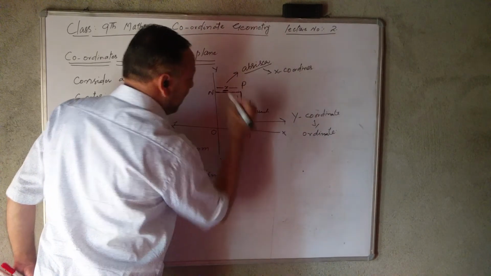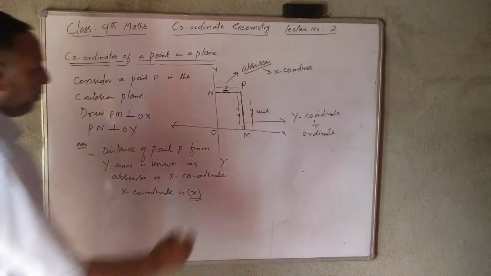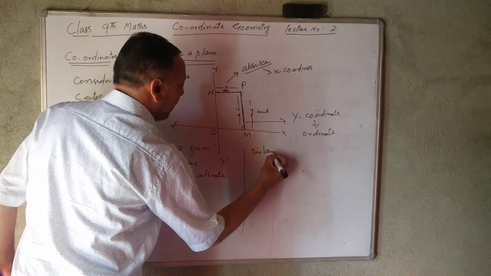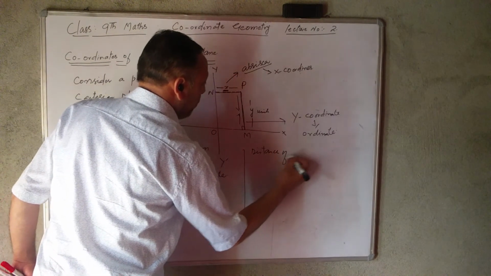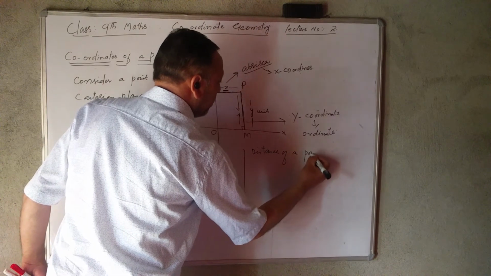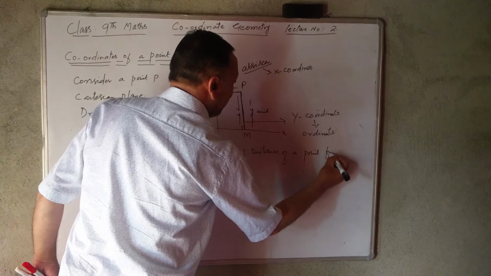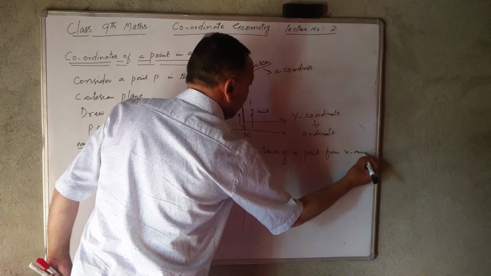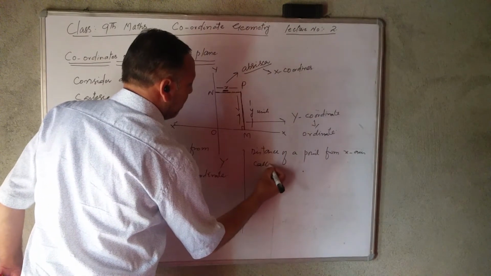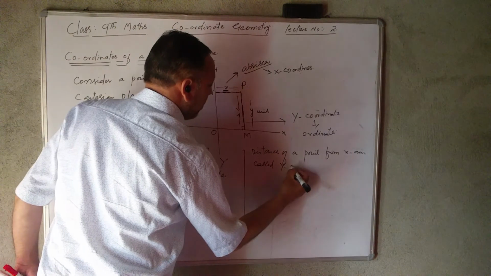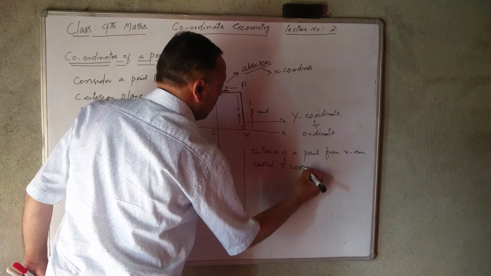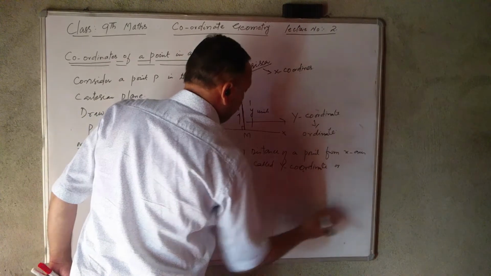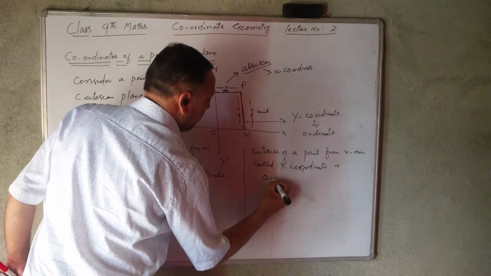So here the ordinate is Y. Now the distance of a point from X-axis is called Y coordinate, or simply ordinate.